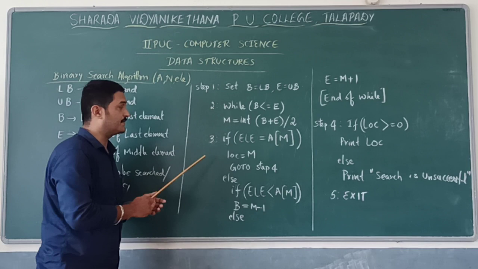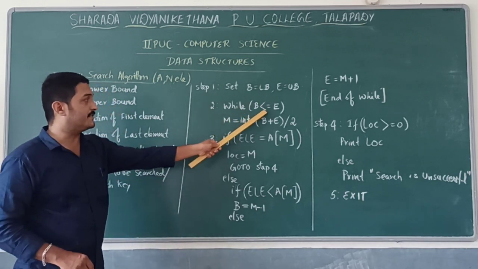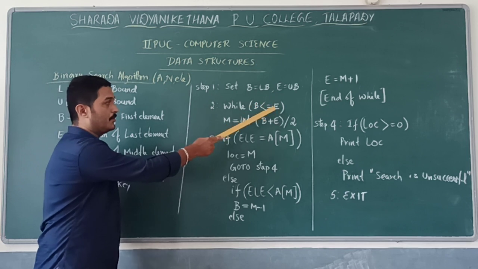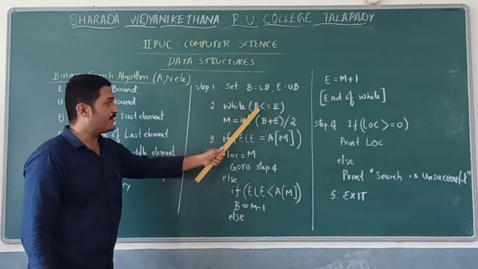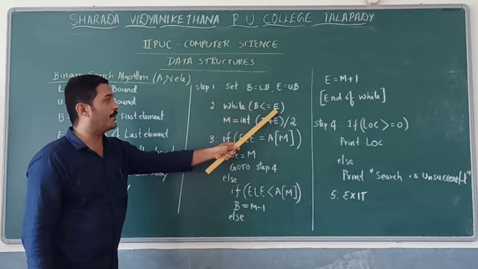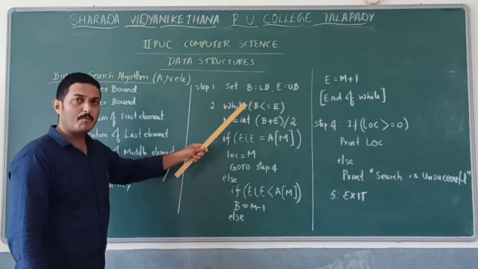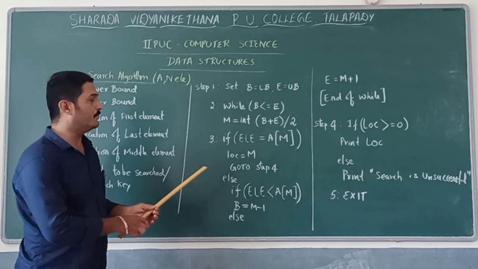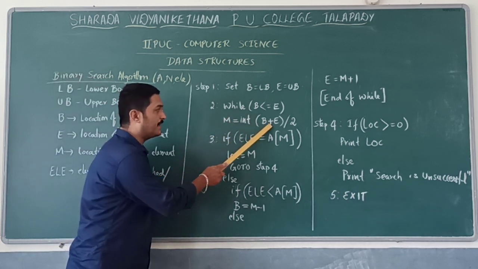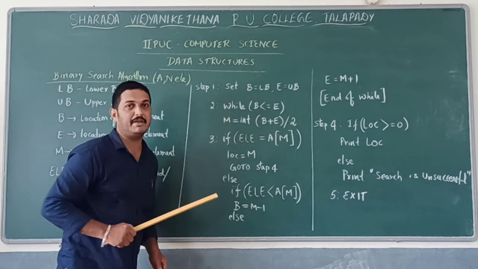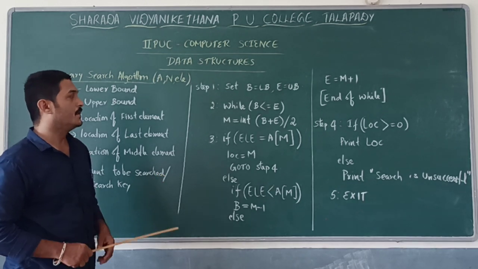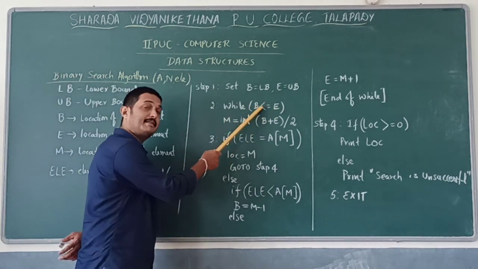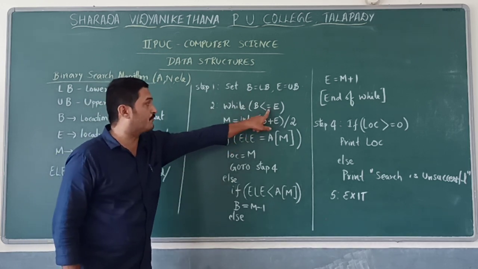And the second step is, while B is less than or equal to E, that means the location of the first element is less than or equal to the location of the last element, then M equal to int of B plus E divided by 2. So what is the meaning of equal to?